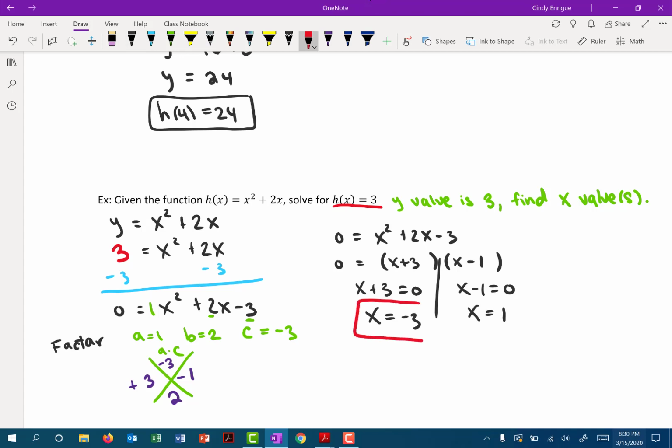So I have two answers: x is equal to negative 3, and x is equal to a positive 1. And it was all because of what the question was asking me. It was specifically giving me a y value, and I needed to give them the possible x values.